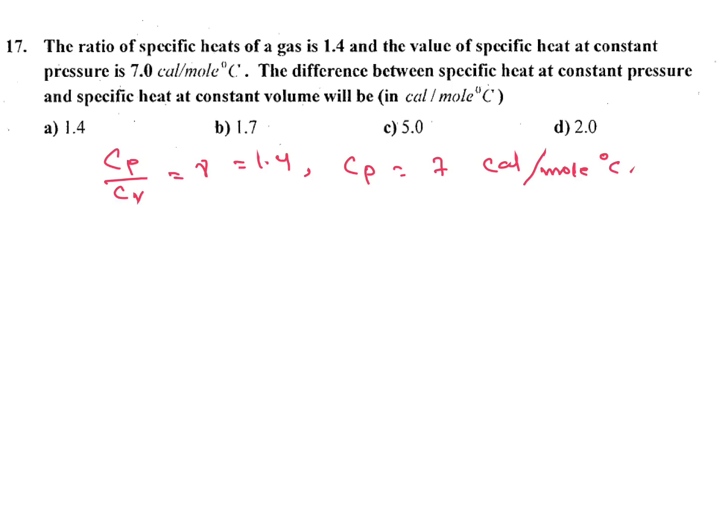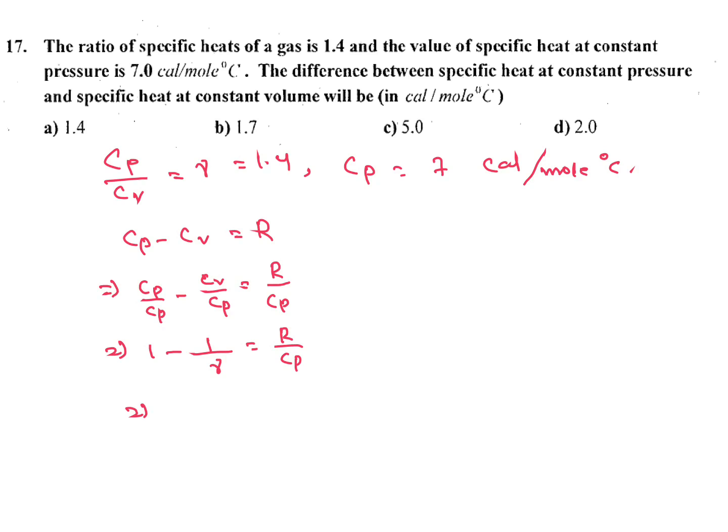We know Cp minus Cv equal to characteristic gas constant R. So divide by Cp on both sides: Cp by Cp minus Cv by Cp, this one already discussed, R by Cp. So 1 minus 1 by gamma equals R by Cp.